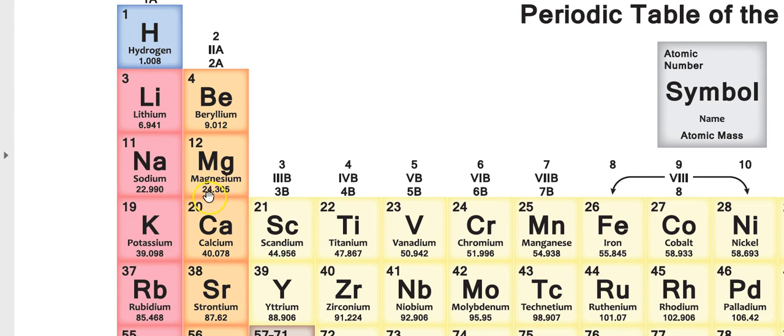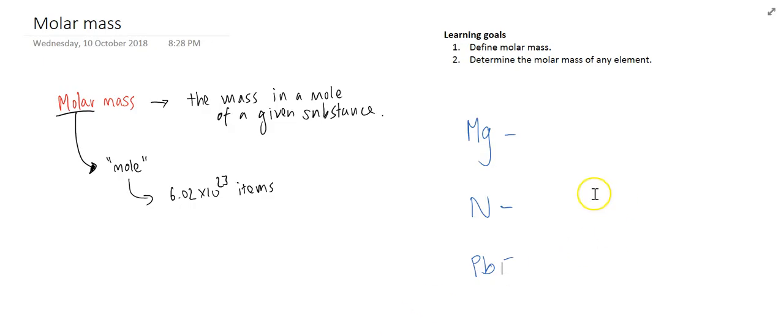Now the relative atomic mass actually tells us the mass of this substance in a mole. So this is the mass that we would have if we had a mole of magnesium. So we would write over here 24.305. And the unit for molar mass is grams per mole.